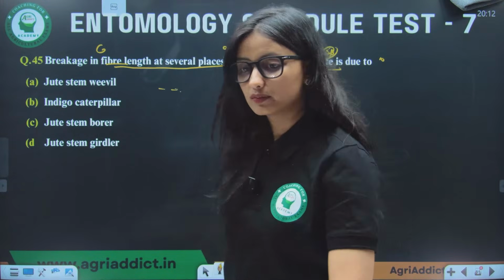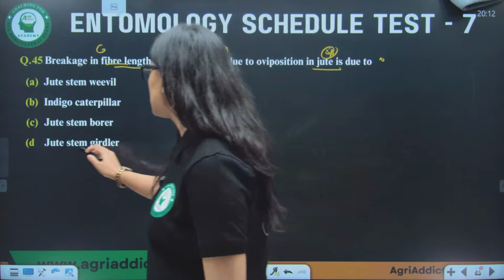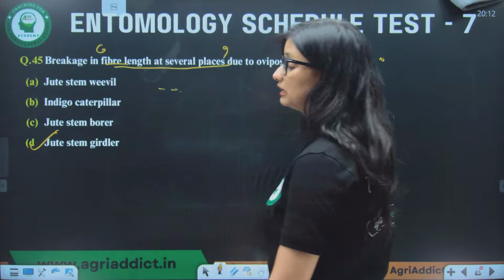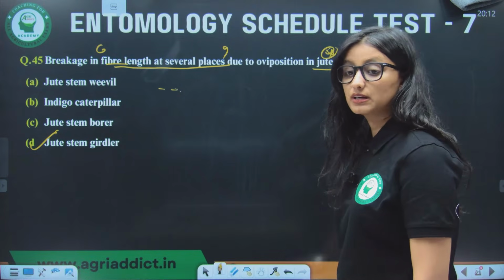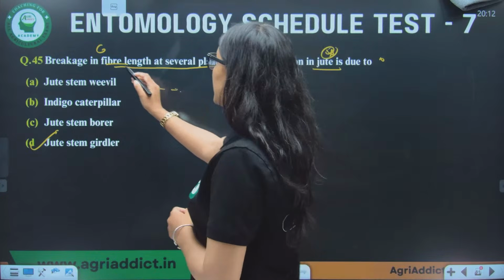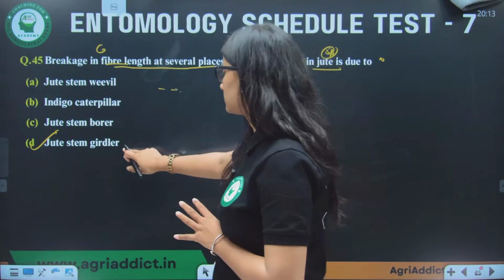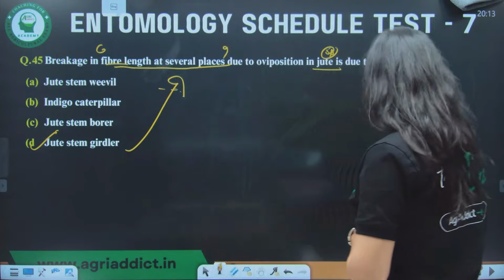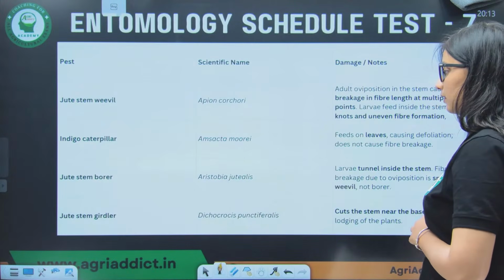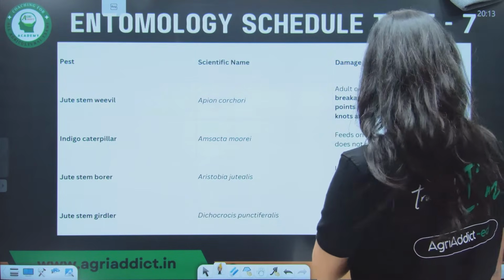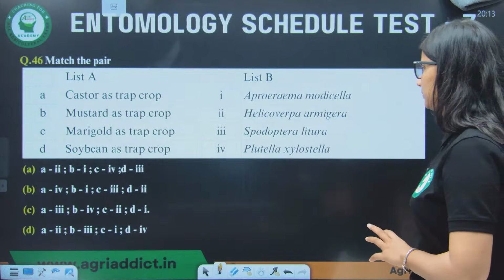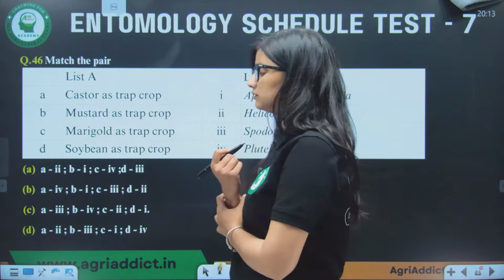Okay. No, A. This is jute stem girdler. Jute stem girdler is the correct answer. Breakage in fiber length at several places is the symptom of this jute stem girdler. Okay. So I will check it before sending this PDF to you.